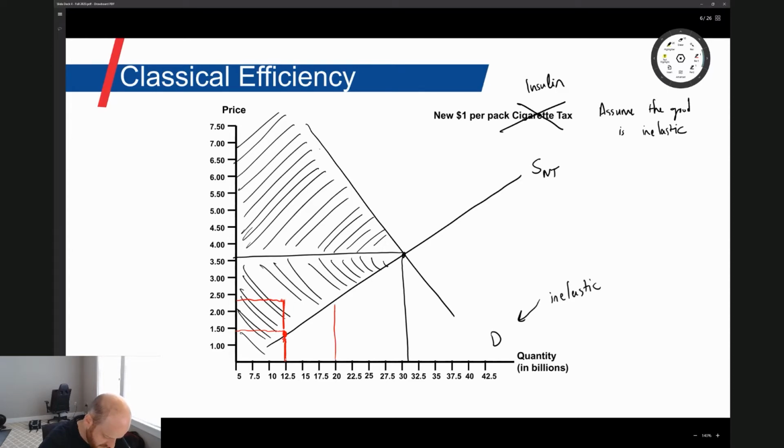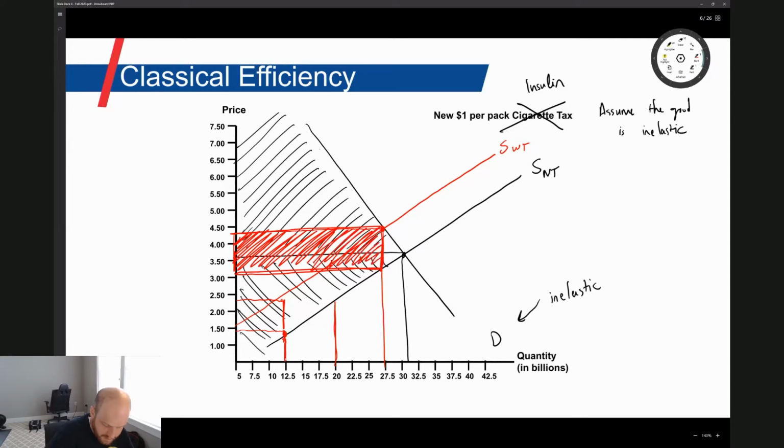And instead of having 20 billion pens at $2.25, we're now at 20 billion pens at $3.25. So essentially we have this new supply line, right? Supply with tax. That creates this new equilibrium at this price. And once again, we have this rectangle that is the amount of revenue that the government generates, right?